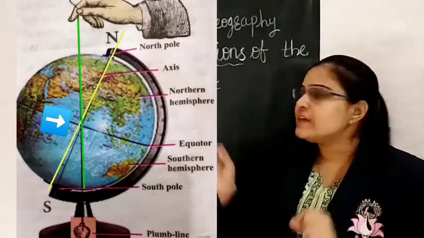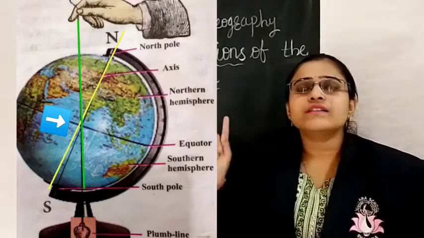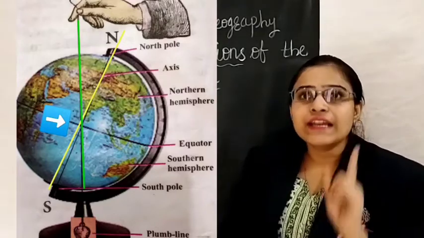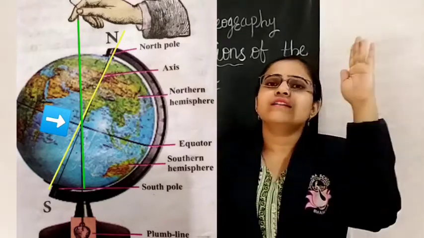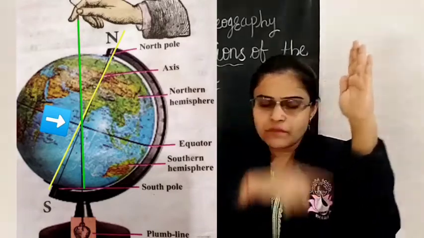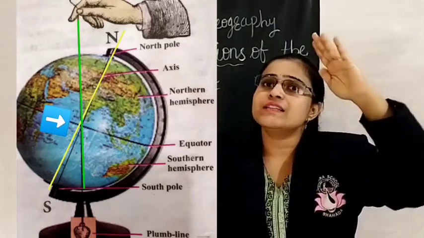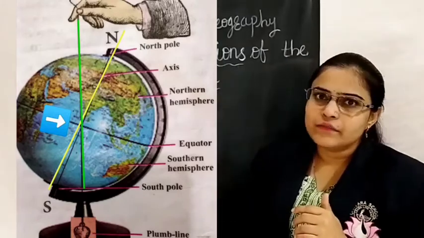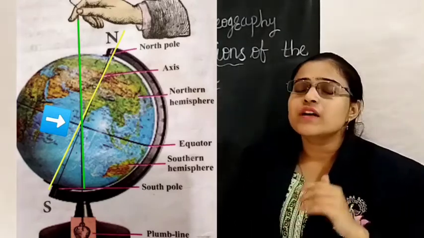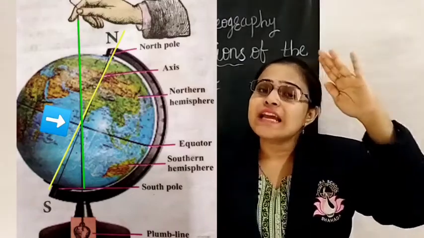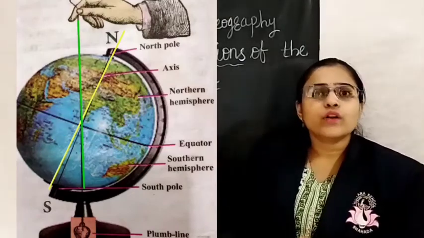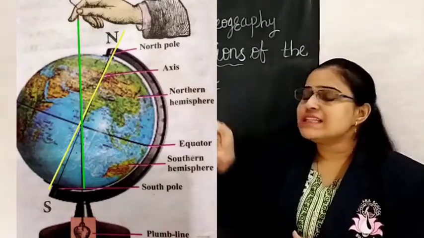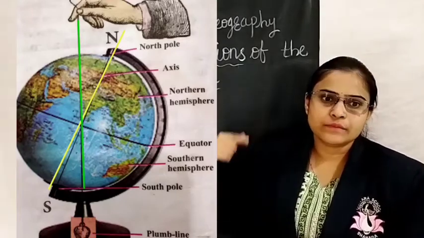From that we have understood the earth's axis is inclined. The earth's axis is not straight; it is inclined because it makes an angle. The earth rotates with its axis inclined like this.